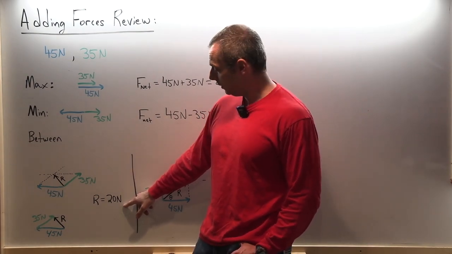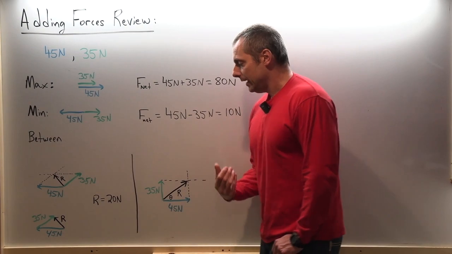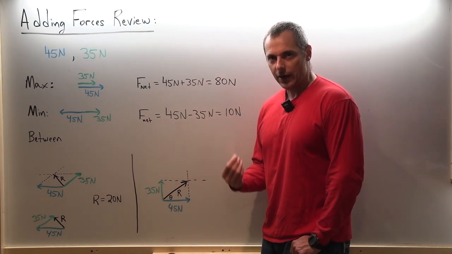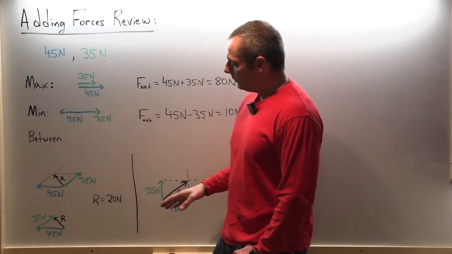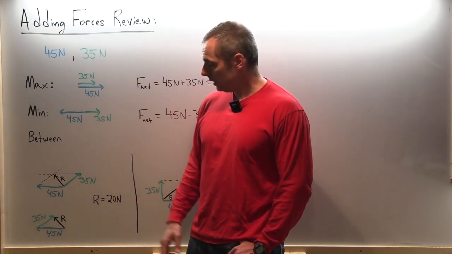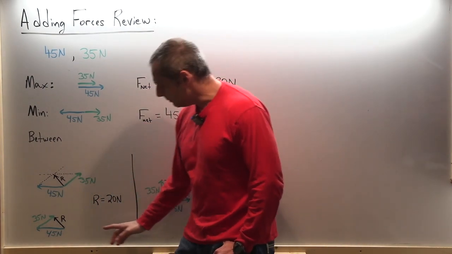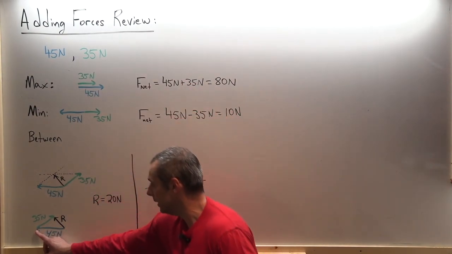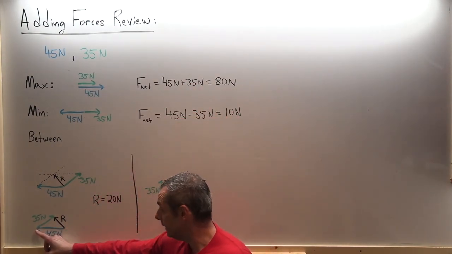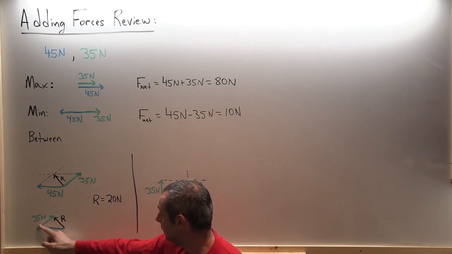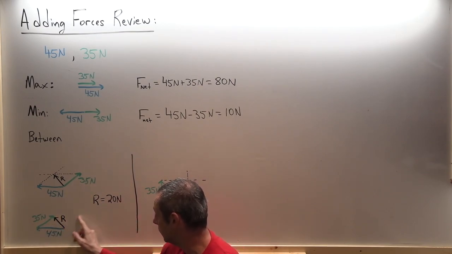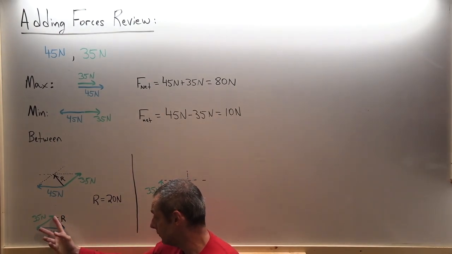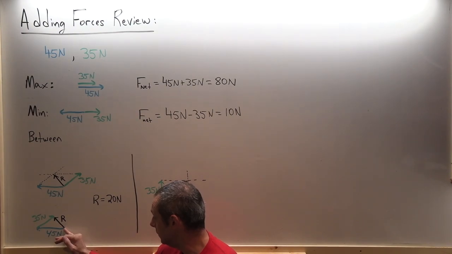Okay? Another technique is called the tip-to-tail or head-to-tail technique. It gives you the exact same answer. Instead of constructing a parallelogram, you draw one force first, and then where that force leaves off, right here, you start drawing the next force in the same original direction. So instead of going here, you draw that diagonal force to the upper right, the right size, and then the resultant is from the beginning of the first arrow to the end of the last arrow.